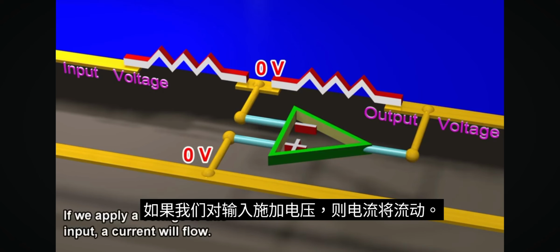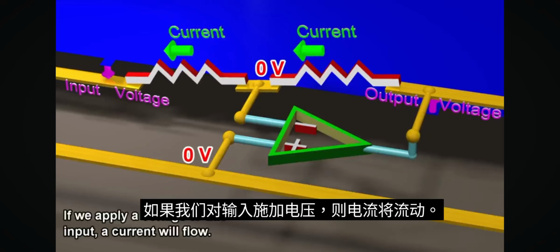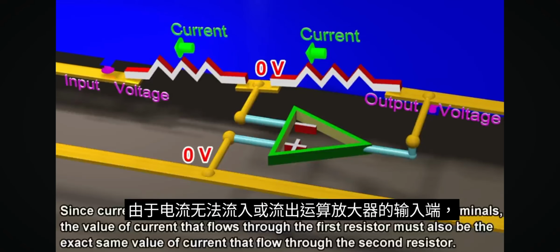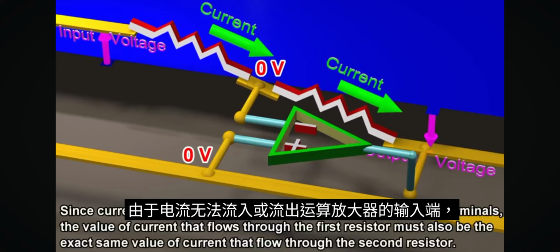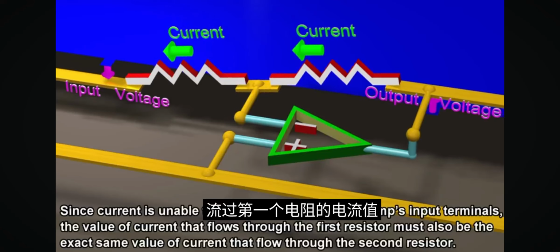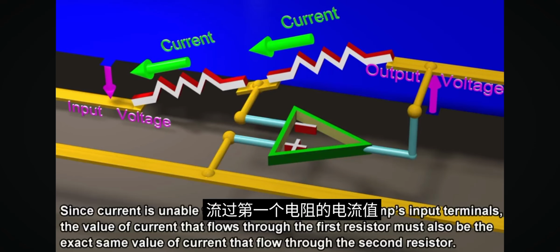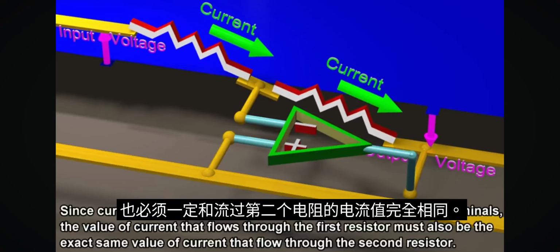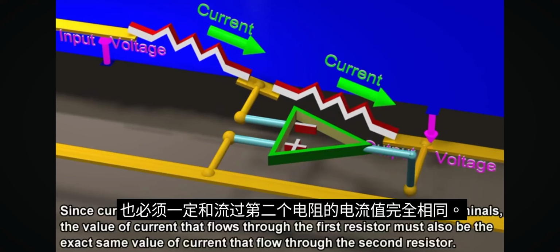If we apply a voltage to this input, a current will flow. Since current is unable to flow into or out of the op-amp's input terminals, the value of current that flows through the first resistor must also be the exact same value of current that flows through the second resistor.